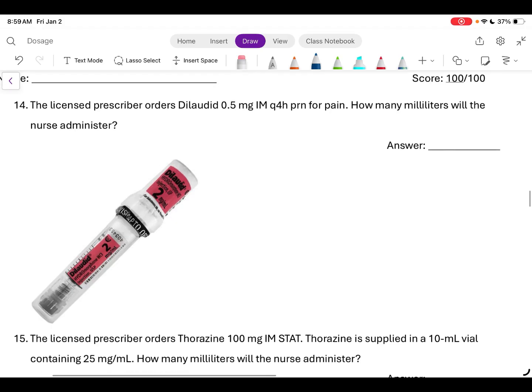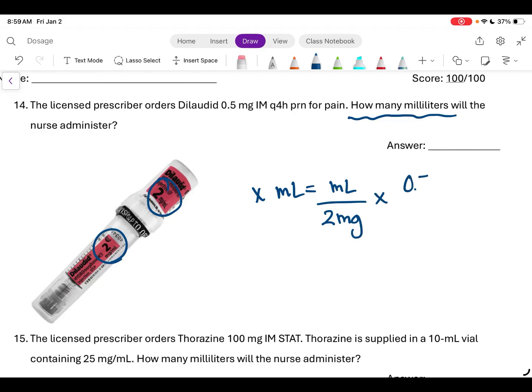Number 14, licensed prescriber orders Dilaudid 0.5 milligrams. How many milliliters will the nurse administer? How many milliliters? X mL. Right there, we know that our Dilaudid is 2 milligrams for every 1 milliliter.